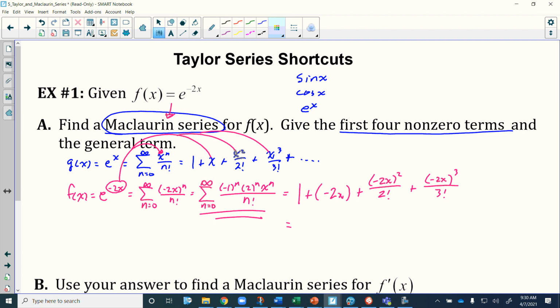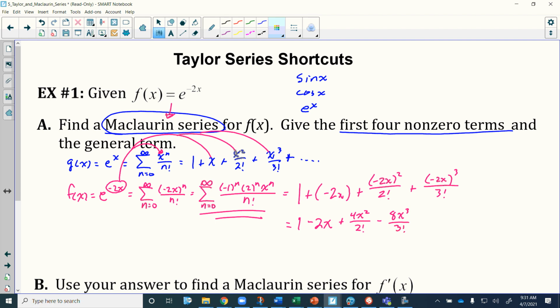The other thing that we can think about is we can say 1, so let's simplify this. That'll become minus 2x, and negative 2x squared will be a positive 4x squared over 2 factorial. And then the next one will wind up being minus 8x cubed over 3 factorial.